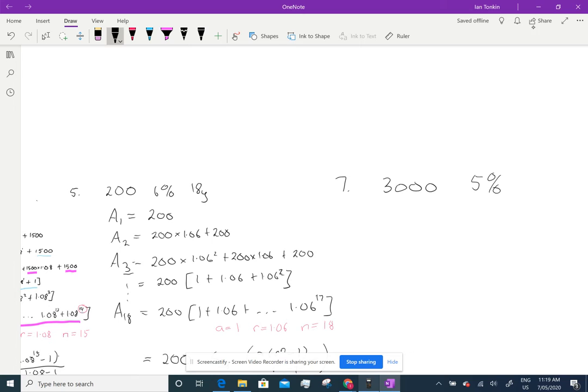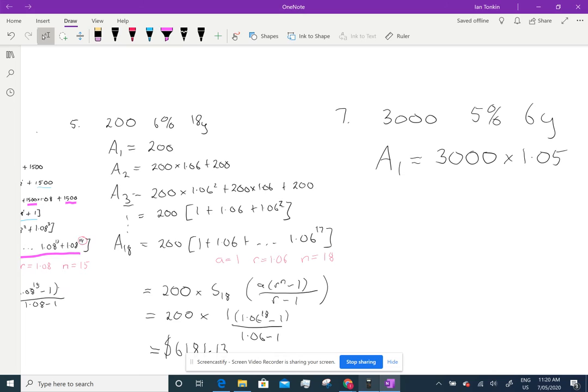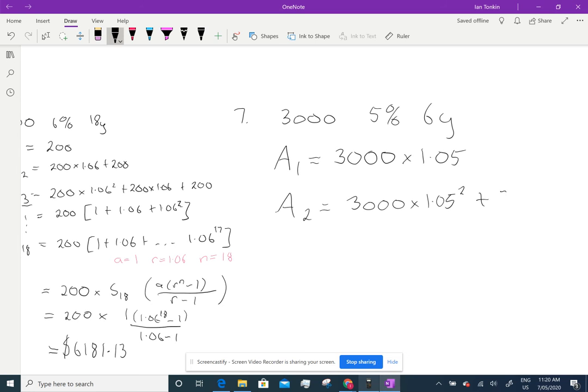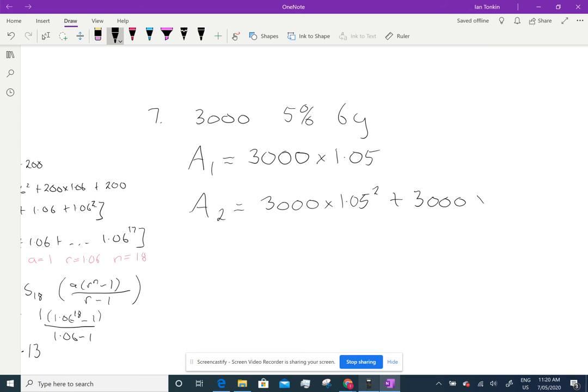So A1, well, you put 3,000 at the beginning, and that will have earned 5%. There's actual interest earned by the end of the first year. At the second year, you're going to have 3,000 that will have earned 1.05 squared, plus another 3,000, which will have earned some interest as well.